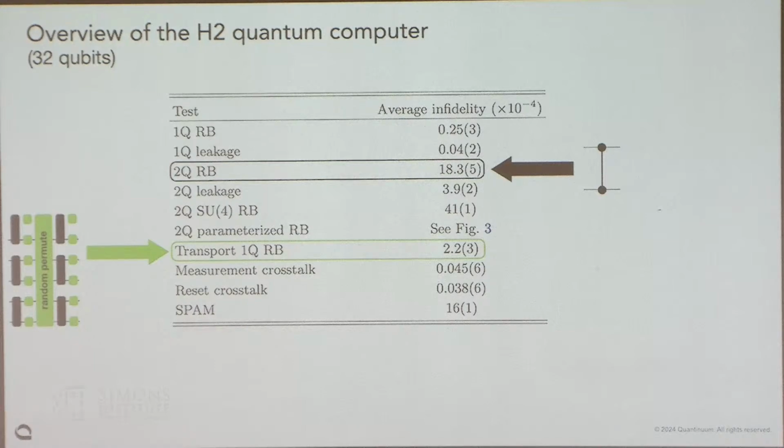And so we like to do an experiment that we call transport single qubit randomized benchmarking. What it basically amounts to is relatively simple actually. So imagine a circuit where you have dense layers of 2-qubit gates, single qubit gates, and then you randomly permute the qubits before repeating that in a new layer of 2-qubit gates. We take a circuit like this and we run it, except we delete all the 2-qubit gates.